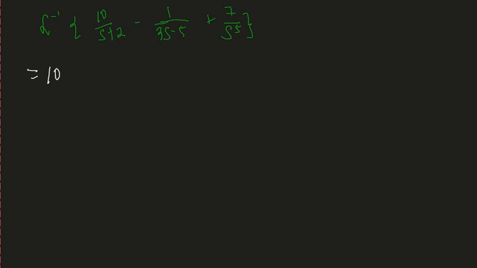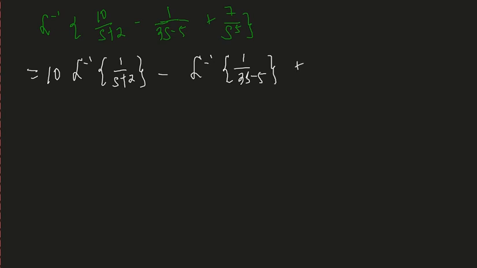So, we'll have 10 times the inverse Laplace transform of 1 all over s plus 2, minus the inverse Laplace transform of 1 all over 3s minus 5, plus the inverse Laplace transform, so we have 7 multiplied by 1 all over s raised to 5.